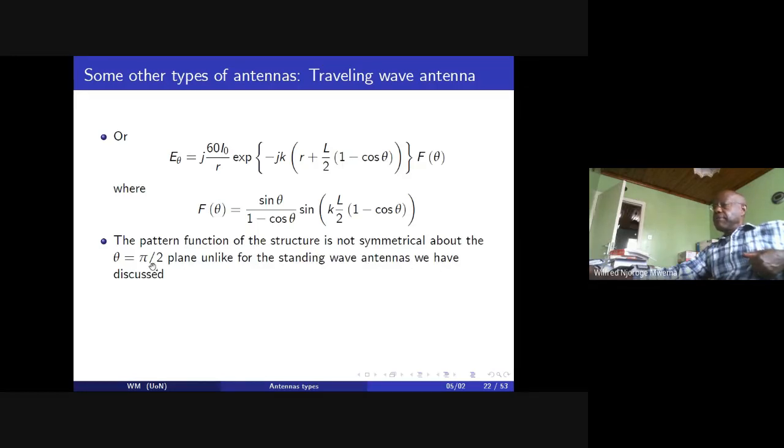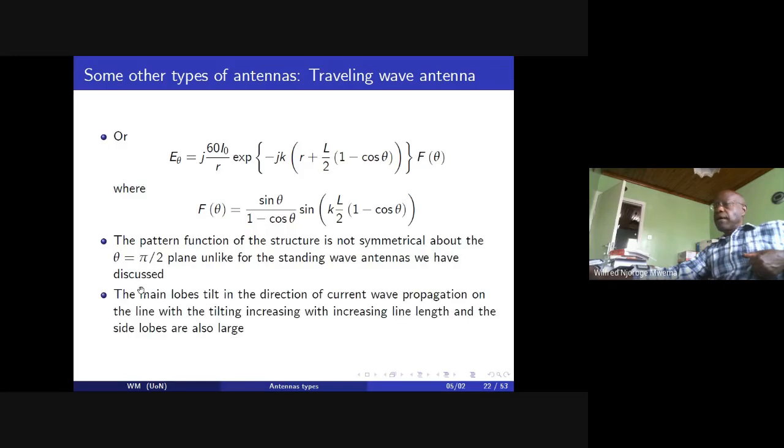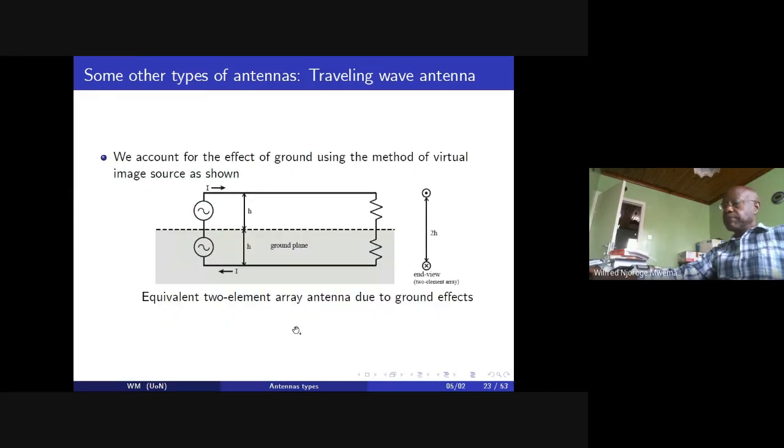The main lobe will be tilting in the direction of the current wave propagation on the line, and the tilt angle will be increasing with increasing line length, and the side lobes will also be very large.